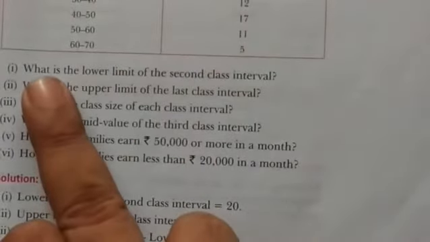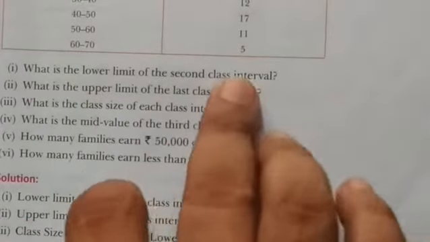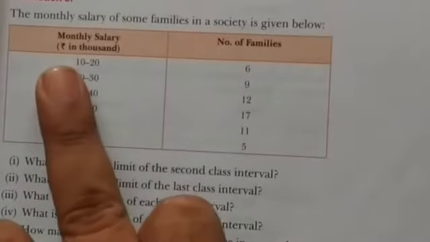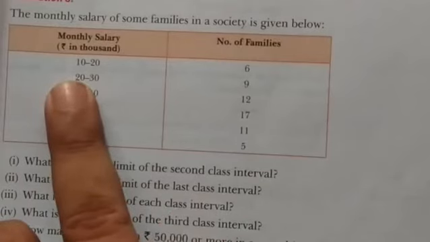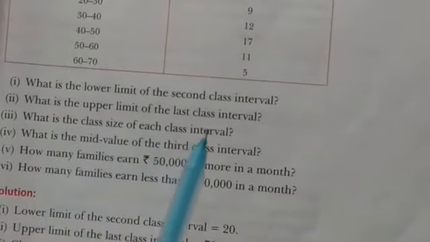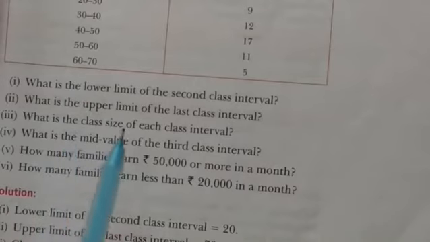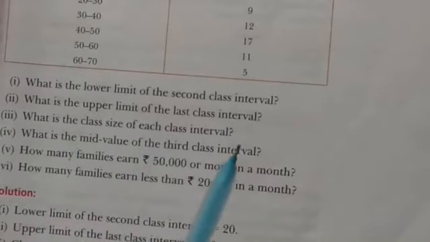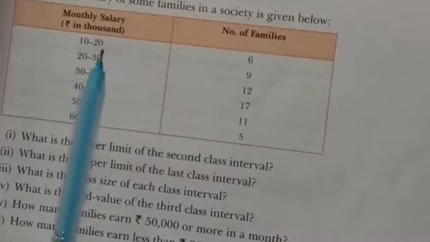What is the lower limit of the second class interval? This is the second class interval, and the lower limit is 20. Second question: what is the upper limit of the last class interval? The last class interval is 60 to 70, so the upper limit is 70. What is the class size of each class interval? Class size means the difference between the upper limit and the lower limit.